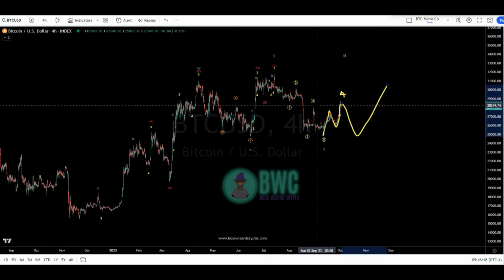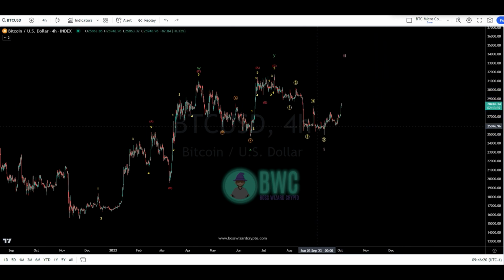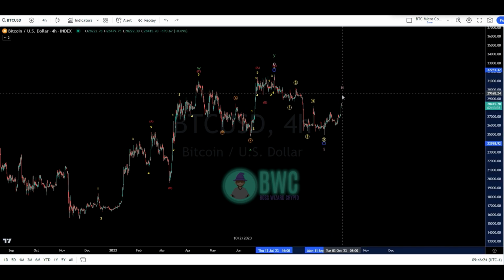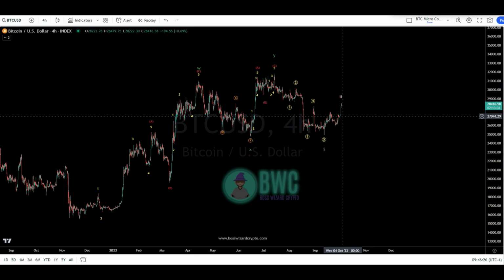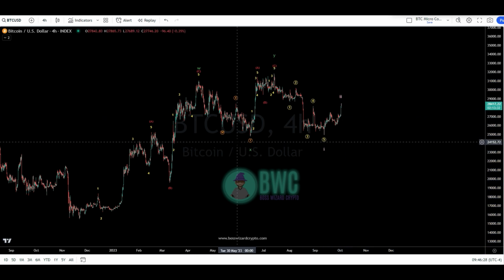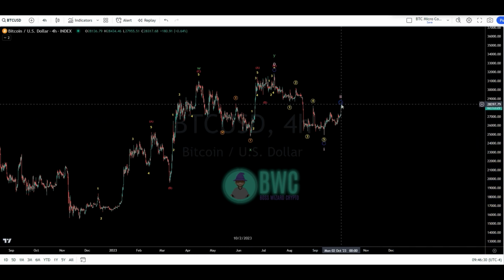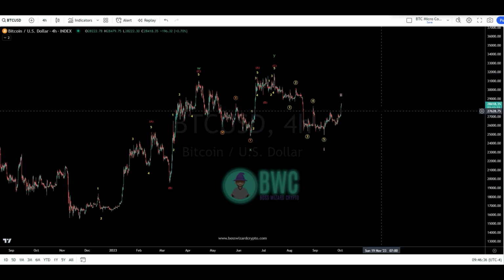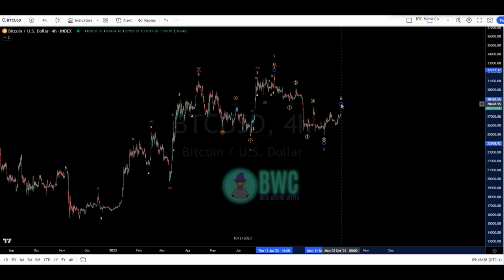It can, but it doesn't have to. In the meantime, you have a 3-wave move that's almost done, so you can label it like this. Whenever this finally turns over, here pretty soon, then you'll know where to place your label.